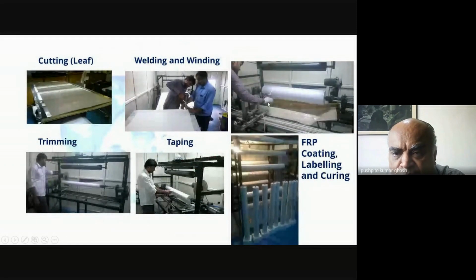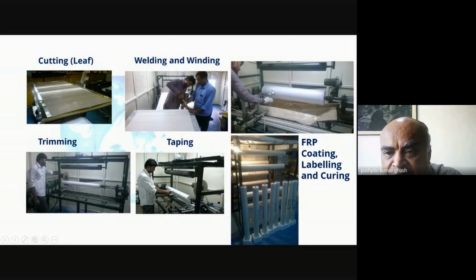Finally, you have to also give a fiber reinforced plastic coating so that these modules can withstand some pressure, and they can also avoid some accidental dropping and things like that, which can cause some problems.